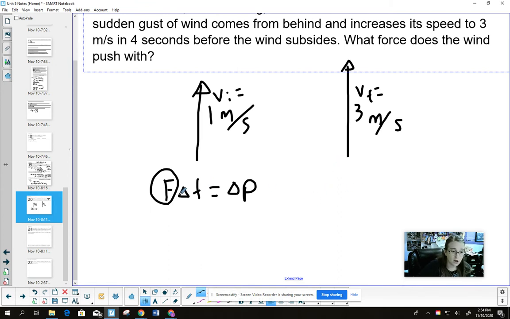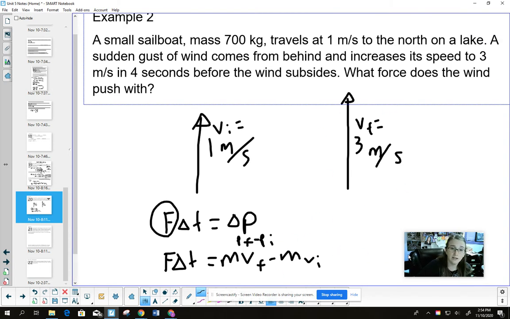So I want you to go ahead and go from here. I'm going to actually replace one more thing. We have P final minus P initial. This is mass times the final velocity minus mass times the initial velocity. We have everything we need. Go ahead and plug everything in. Solve for the force the wind is going to push with.